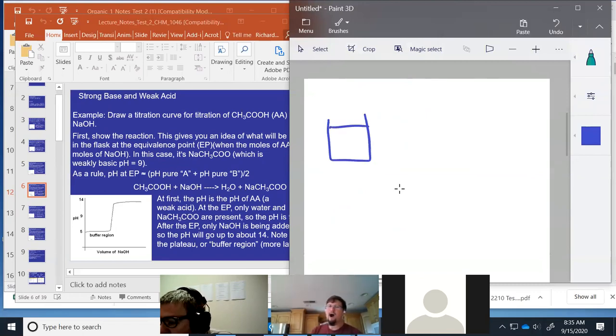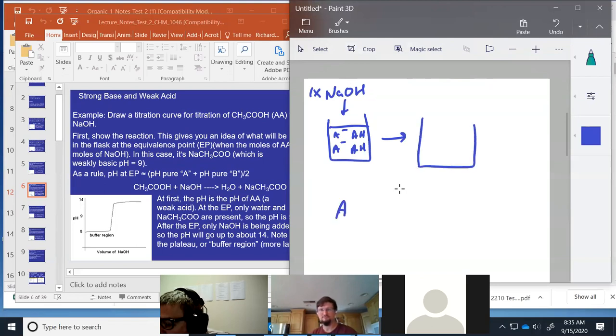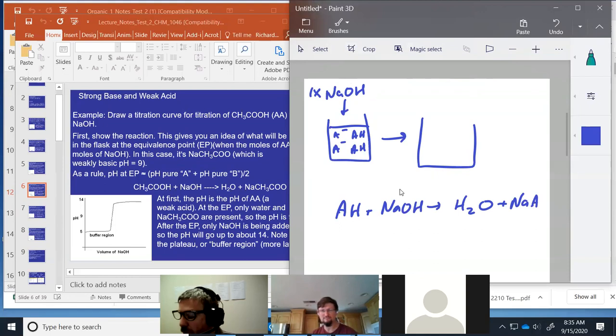So let's say we've got a buffered solution, which is going to be a mixture of A minus and AH. If we're adding sodium hydroxide to it, and I'm just going to add in 1 here, 1 sodium hydroxide, what's going to happen is the sodium hydroxide will react with one of the AHs and form water and this salt, NaA, which isn't going to matter too much here.